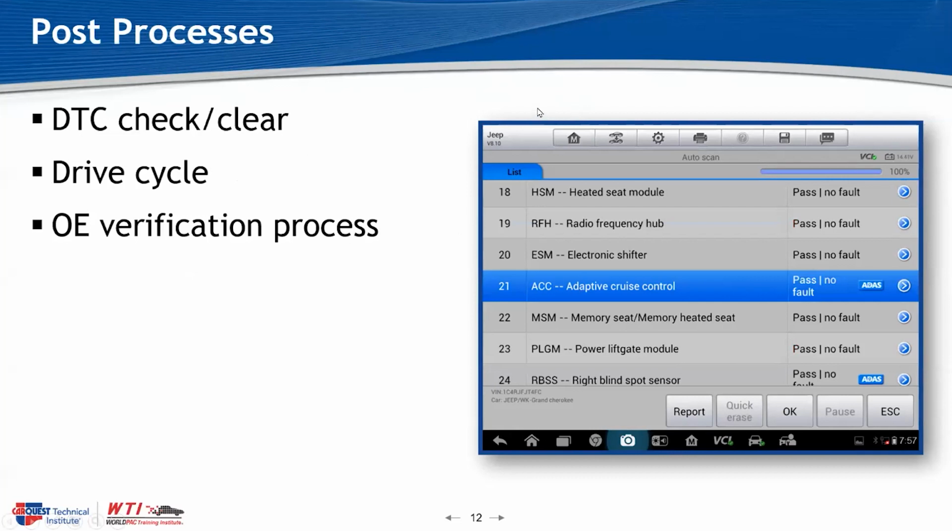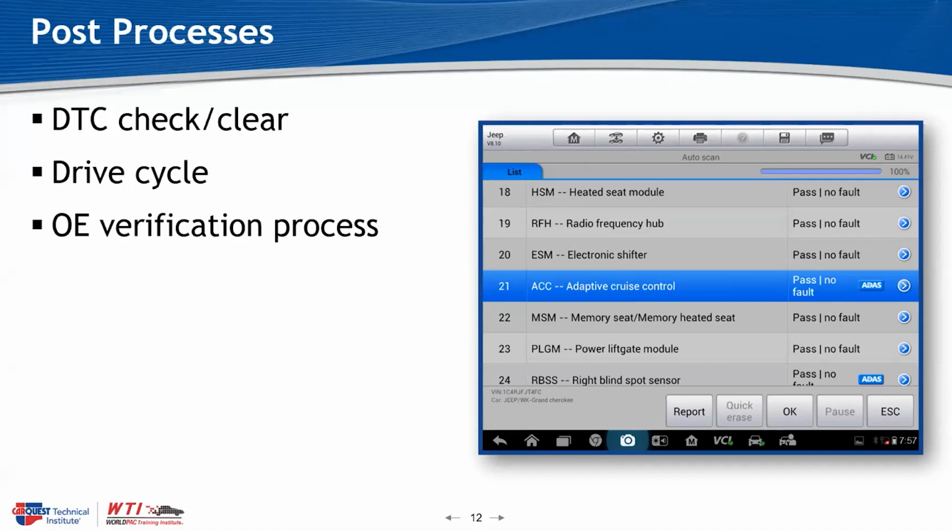After you complete your calibration, you would want to do a DTC check and clear. I can't really recommend anything, but what I can tell you that I do on a personal level is that once I complete a calibration, the moment it completes, I safely get off the road at the next turnoff or wherever it's safe.